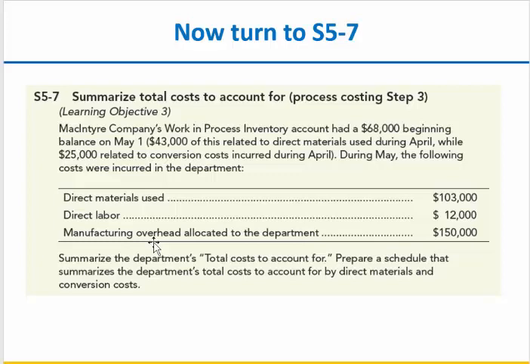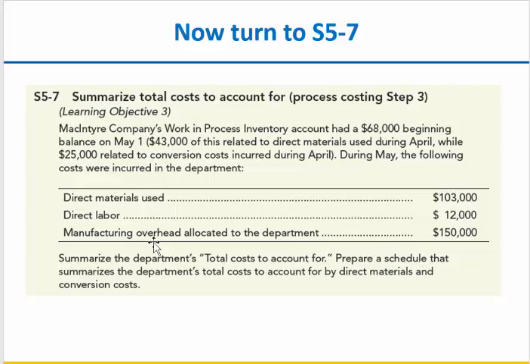During May, the following costs were incurred in the department: direct materials used, direct labor, manufacturing overhead. So the question asks you to prepare a schedule that summarizes the department's total cost to account for by direct materials and conversion cost.